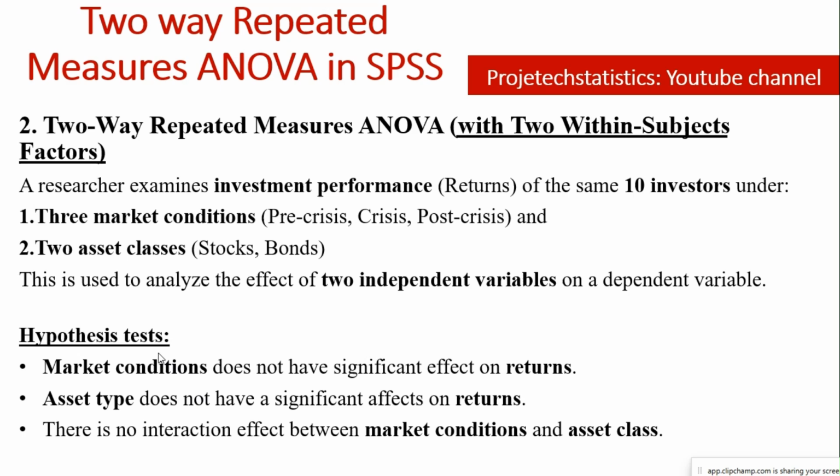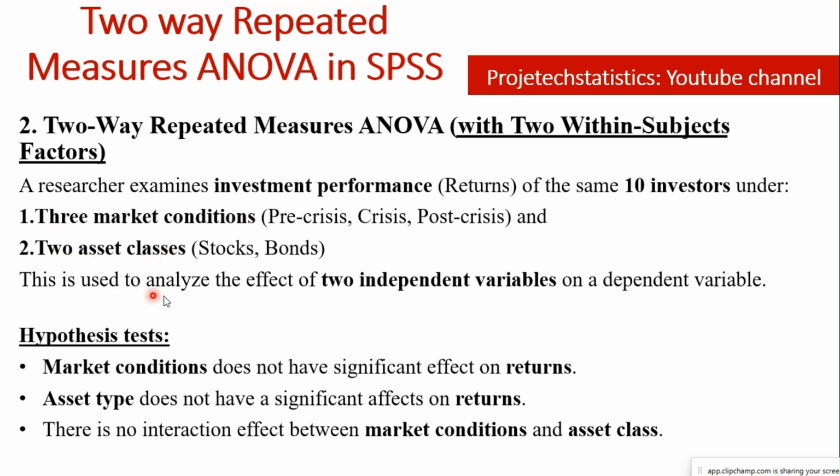So in this experiment, we're going to look at two-way repeated measures ANOVA with two within subject factors. Here we have a researcher examining investment performance of 10 investors under three market conditions and two asset classes.